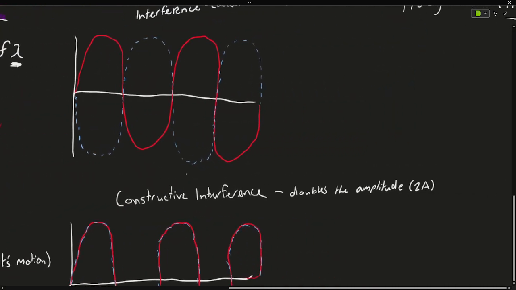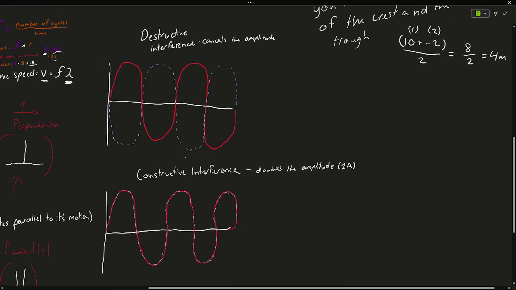So this is another wave property. This is called destructive interference. Let's call this peak 5 meters, and let's call this trough -3 meters.